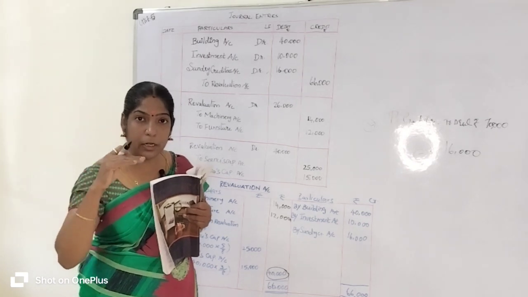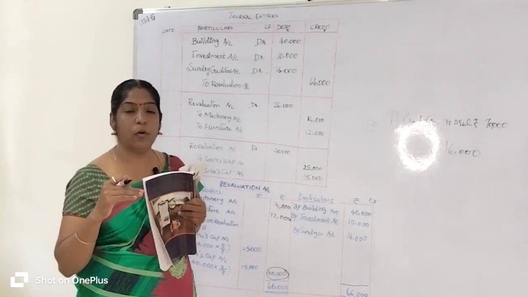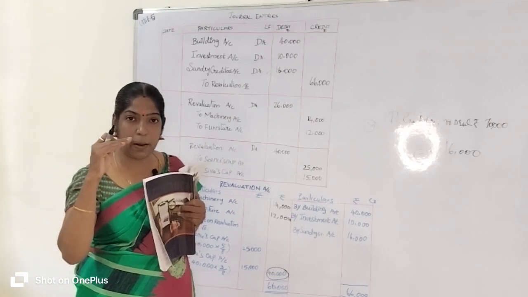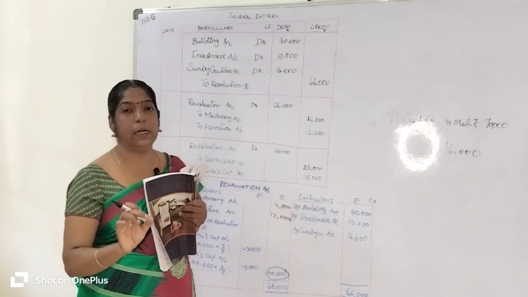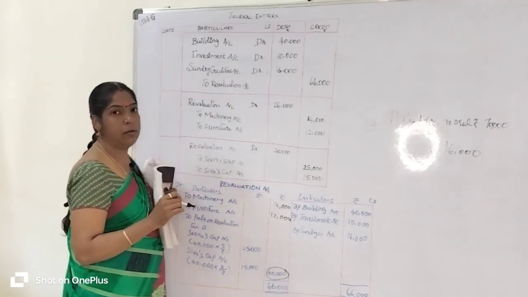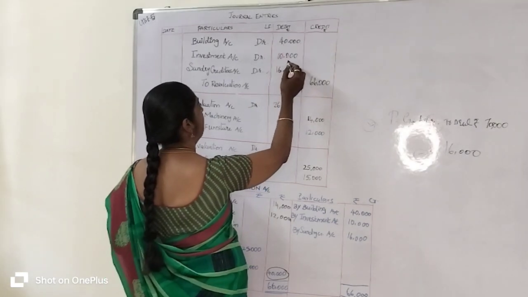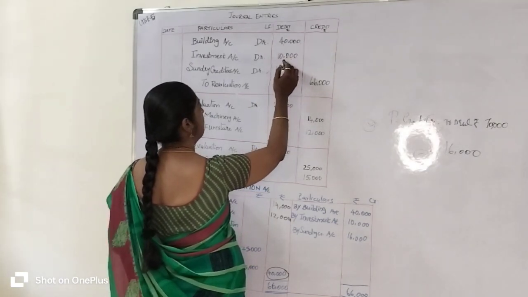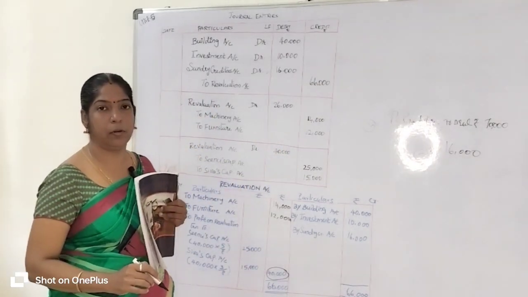If your liability decreases, what is the journal entry? If your liability decreases, revaluation account is to be credited. Sundry creditors account is to be debited. Then we have to add all the amounts, 40,000 plus 10,000 plus 16,000. You will get 66,000 credited.